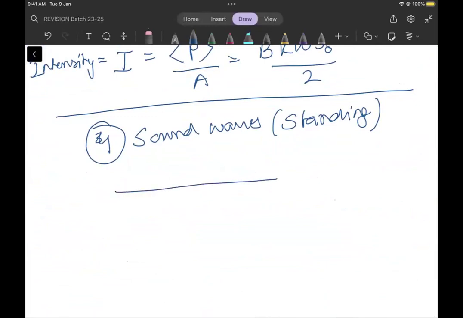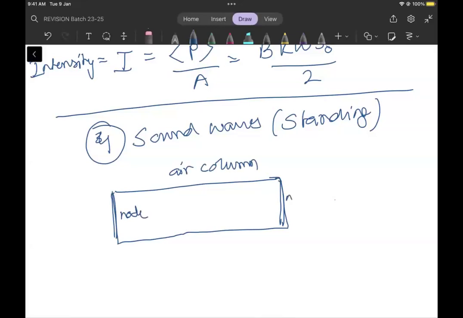बस अब हम एयर कॉलम को वाइब्रेट कराएंगे. So this is an air column that will be vibrated, and closed end represents the node, and of course followed by the node there must be an antinode.